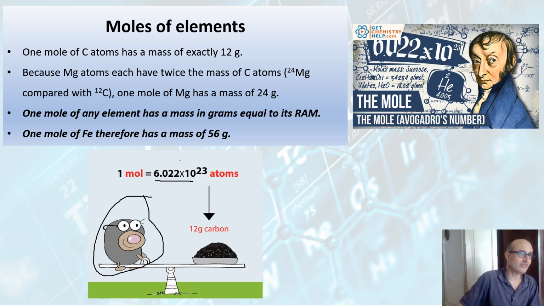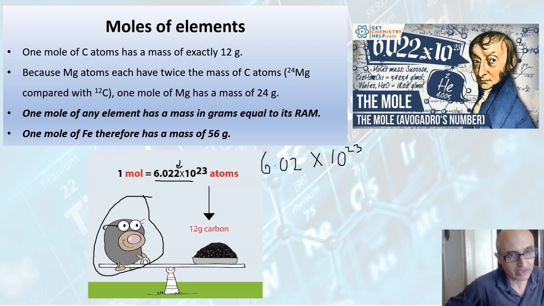A note about the second 2 over there: in MedSec, we only give 2 decimal places, so we write the mole as being 6.02 times 10 to the 23. But of course, it is more accurately 6.022 times 10 to the 23. Actually, there are more numbers, but we have to truncate it to simplify.